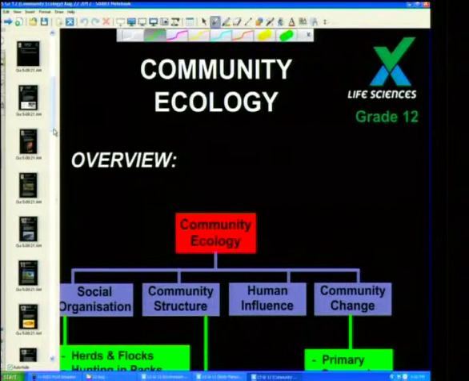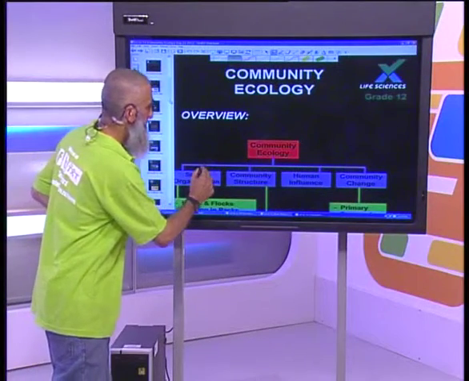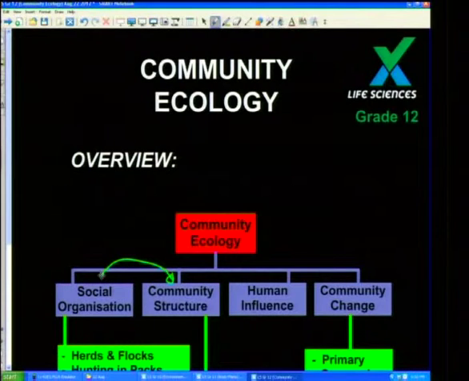The 4 main headings in community ecology are social organization, community structure, human influence, and community change. Now, the 2 that are confused are these 2 here. Social organization and community structure.